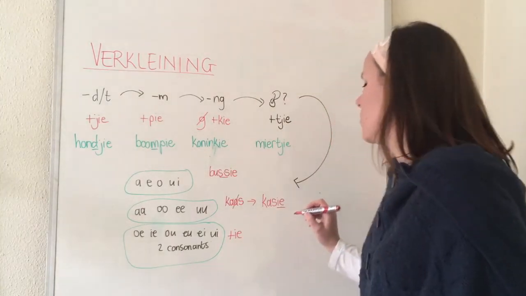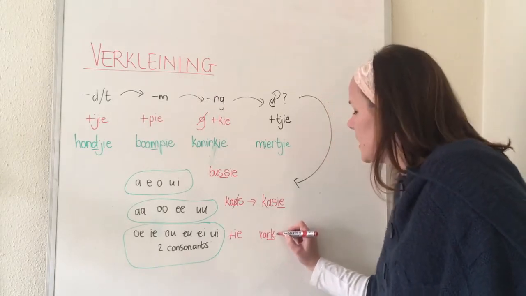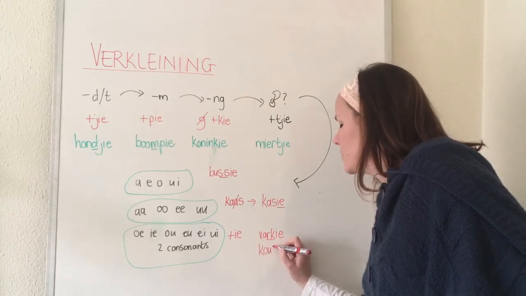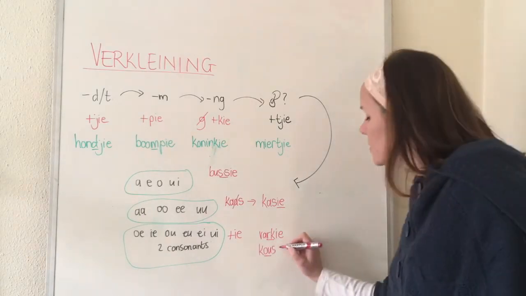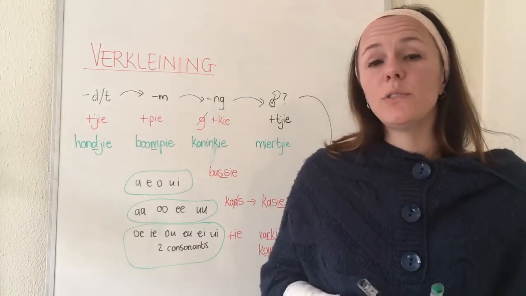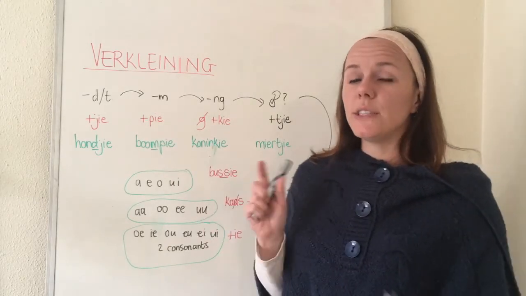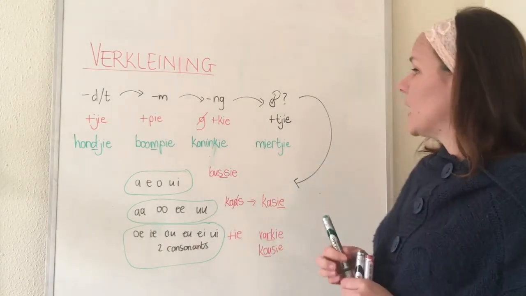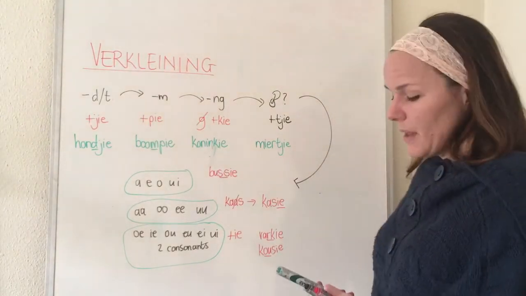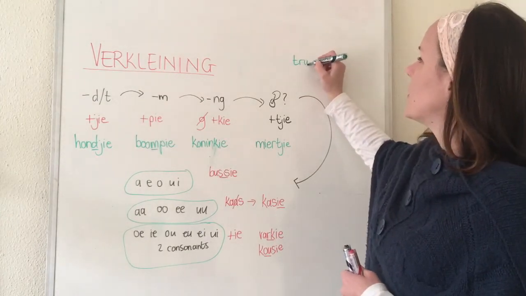Okay, for example, vark. Vark has two consonants, will become varkie, or kous, which has a combination vowel, will become kousie. One exception to the rules, or something special I want you to take note of before I end this video, is when your word is in the plural form. Now, let's say I have truie.